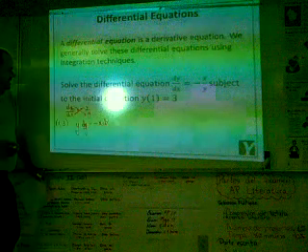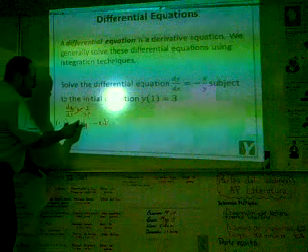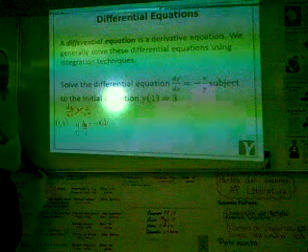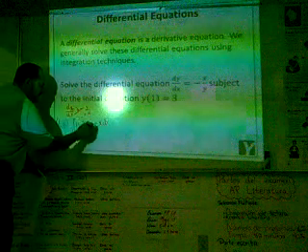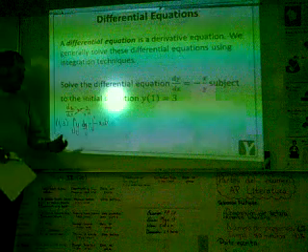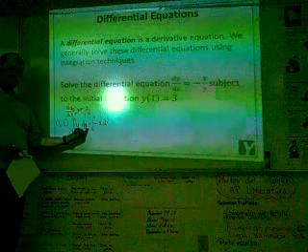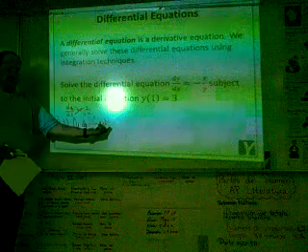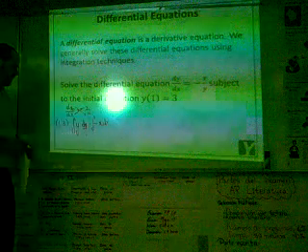On many of the AP exams, you're awarded the first point by separating the variables. So we've done that. Our next move is that we're going to integrate both sides, which is why it is key that you have everything that has a y in it on one side, everything that has an x in it on the other.